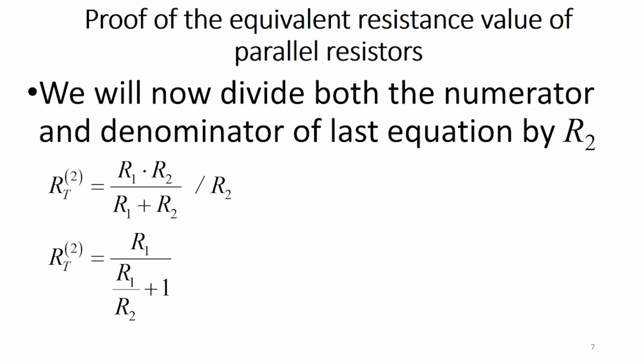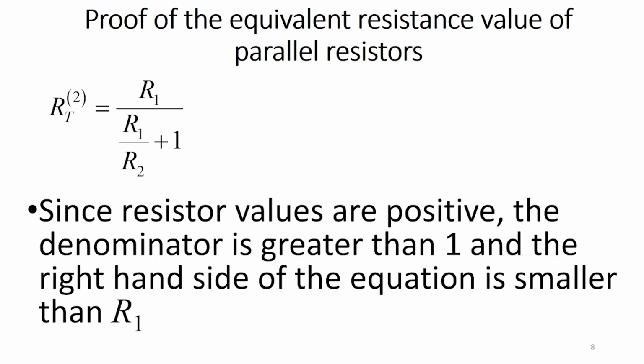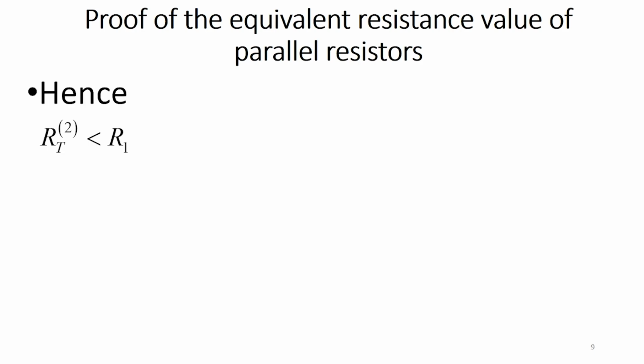Again, RT2 equals R1 over (R1 divided by R2 plus 1). Since the resistor values are positive, the denominator is greater than 1, and the right-hand side of the equation is smaller than R1. Hence, RT2 is smaller than R1.